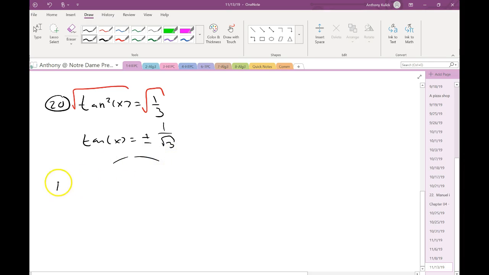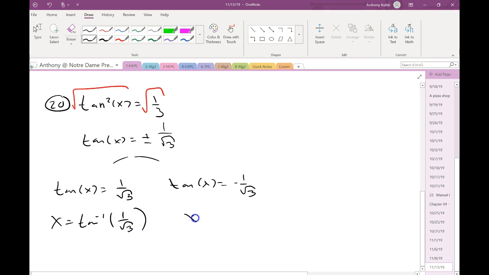So I'll split those into two equations, one for the positive, and then one for the negative. So I'm going to do tan inverse of 1 over the square root of 3, and then tan inverse of negative 1 over the square root of 3. Everybody okay so far there?